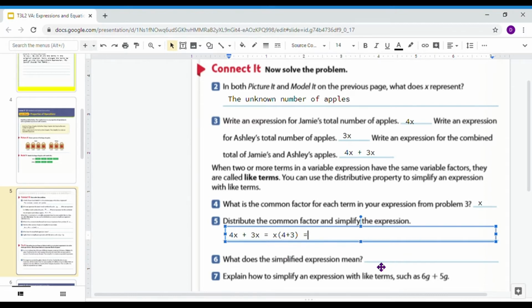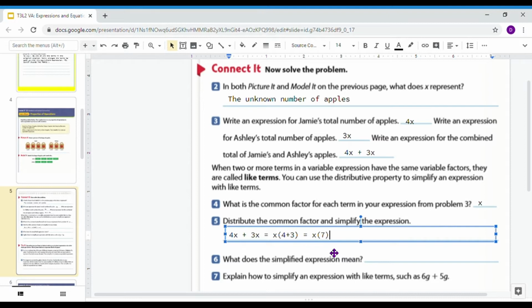So from here, they really just wanted me to show you that this is one way. You can pull out that x and you can show it as distributed. This is how you would show it with the distributive property. That's what I'm looking for. But I also need you to be able to show that if I were to write this as x and then I added together, what's 3 plus 4?